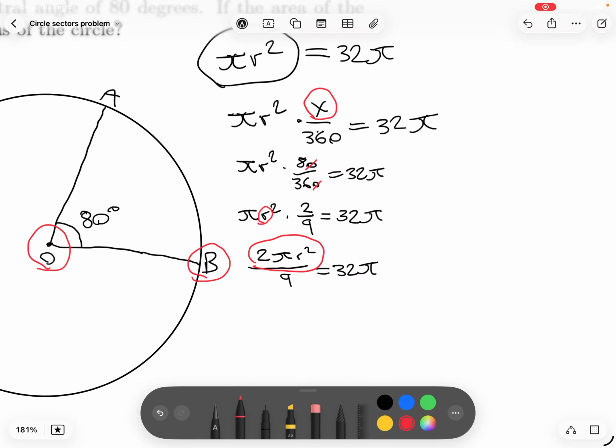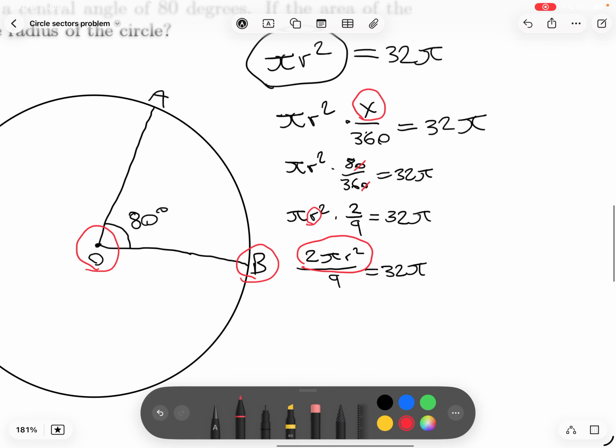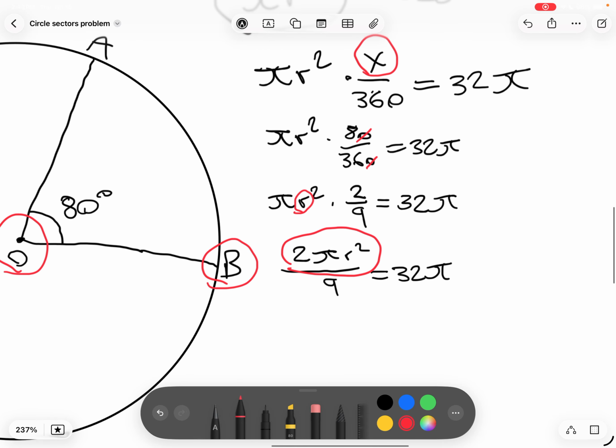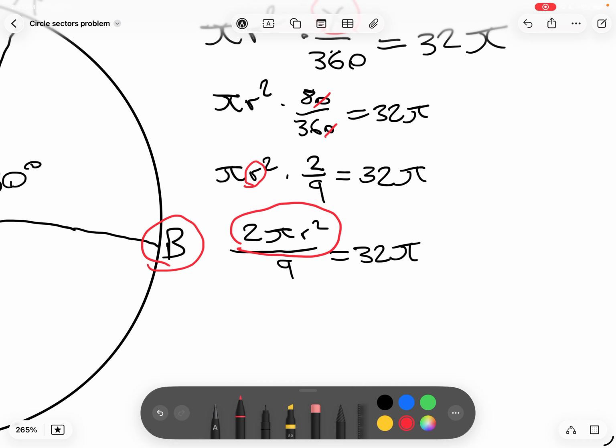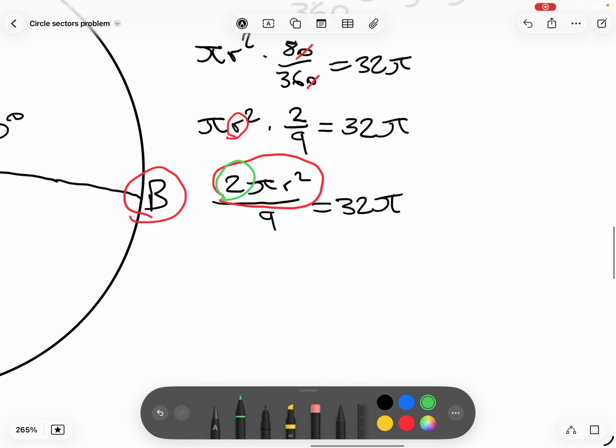The left side has a pi multiplied by it, and so does the right. Now all we have to do is find the value of r that makes the numerator equal to 288 pi. We have 2 over here, so we divide 288 by 2 and that gives us 144. Oh, nice. 144 is actually a perfect square, and the square root of 144 happens to be 12. So that tells us right there that r must be 12.